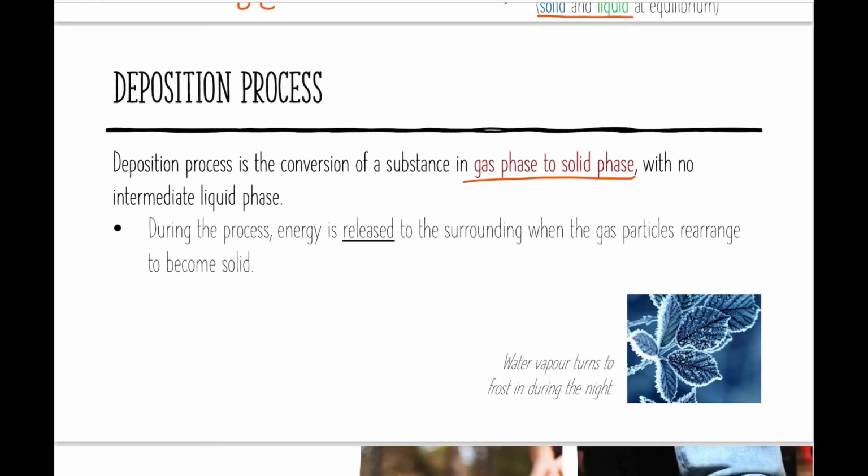During the process, energy is released to the surroundings when the gas particles rearrange to become solid. For example, water vapor turns to frost, or solid water or ice, during the night on leaves. This usually happens in countries with cold climate.